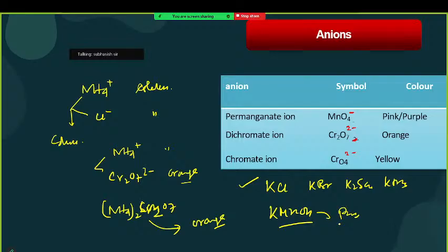So during the consideration of the color of the salts, you have to consider both the cationic and the anionic part, and if any one of them imparts color, then the salt overall has some color. The analysis of color should be done in this way, otherwise it may give wrong information about the particular salt.